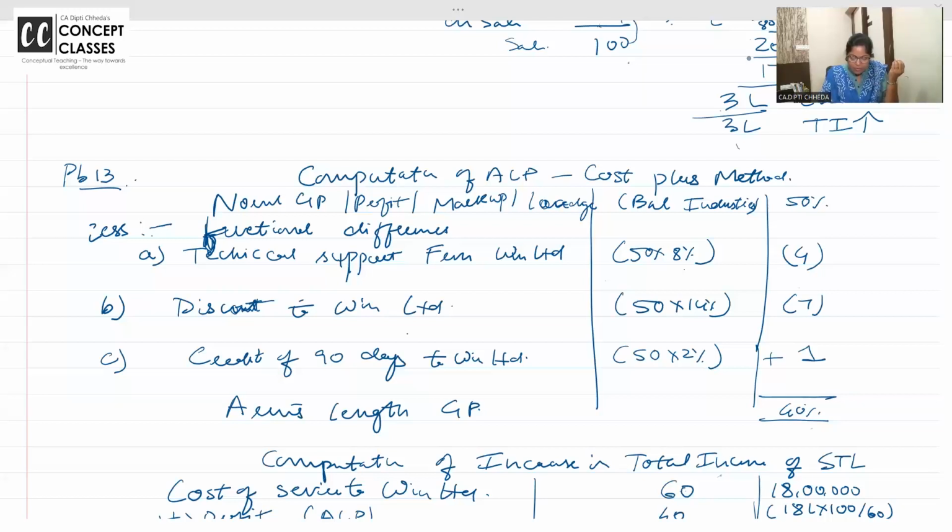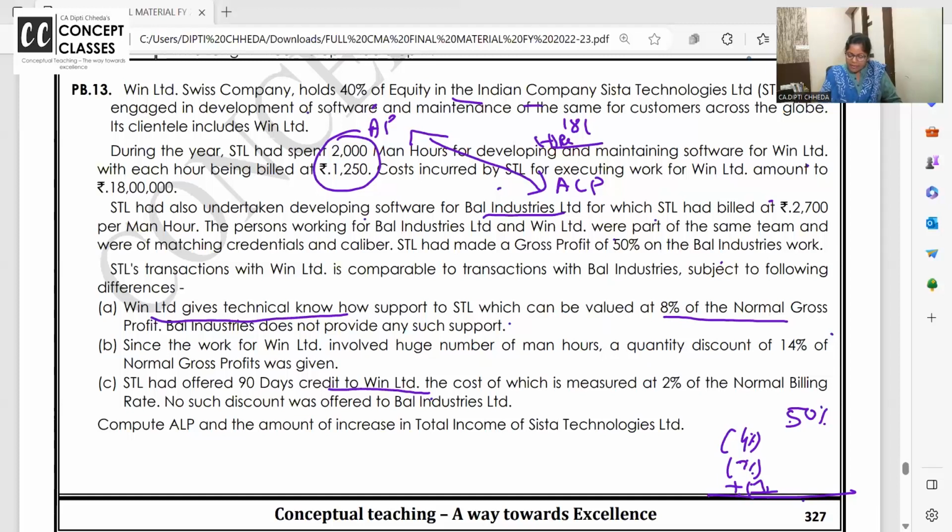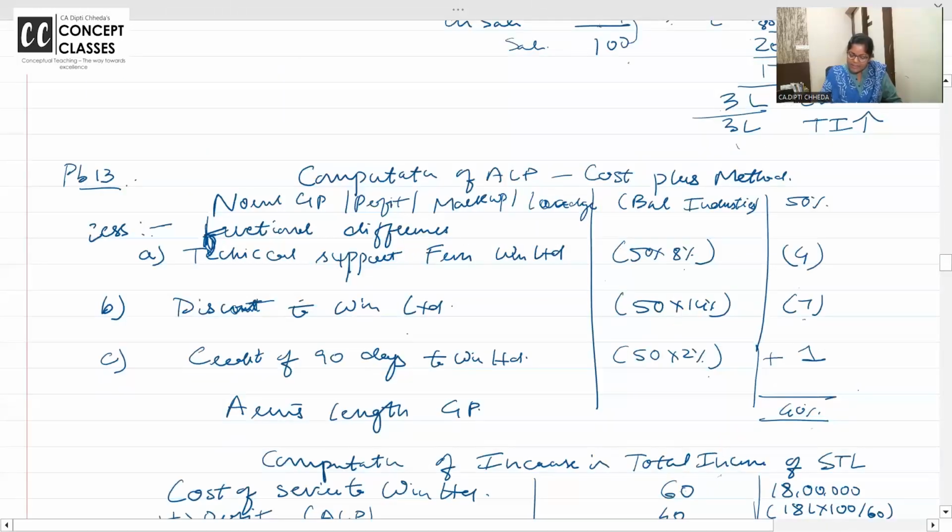Discount will reduce the profit. And if we are giving them the credit period, 50 ka 2%, that will add on the profit. So, what is the arm's length profit or GP we should charge? 40%. Now, this GP is on cost or sales that they will give in exam. Here it is on sales.